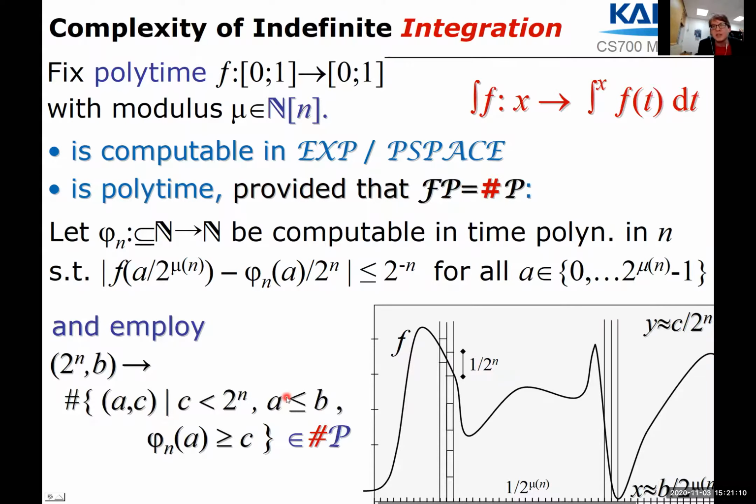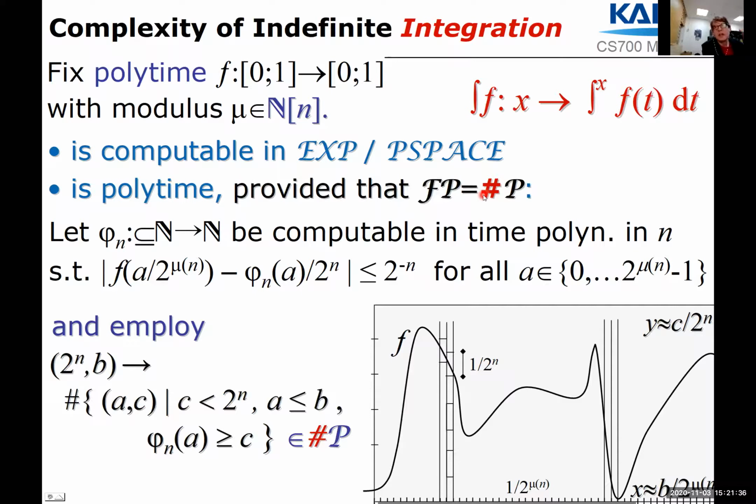Plus 1, there's certainly a triangle inequality involved, adding various kinds of errors. But basically up to error 2 to the minus n by one invocation of this counting problem, which can be by hypothesis replaced by a polynomial time algorithm. This is where this extremely strong hypothesis enters.